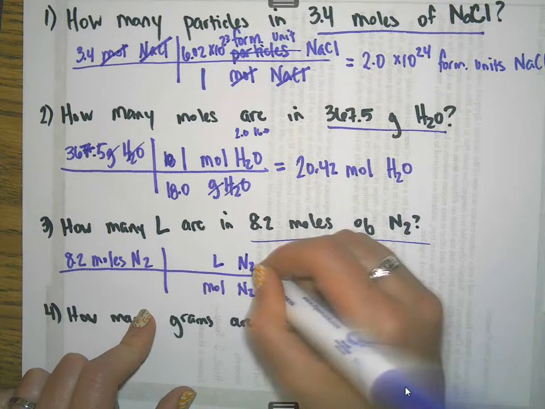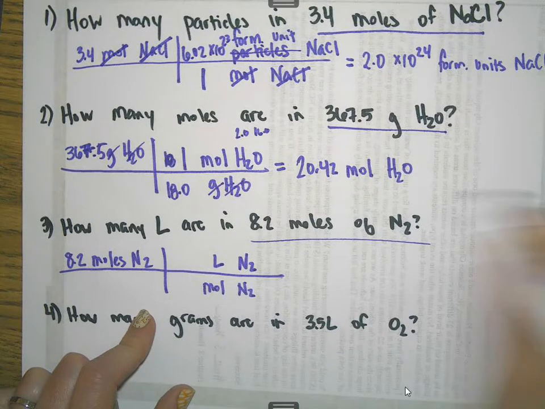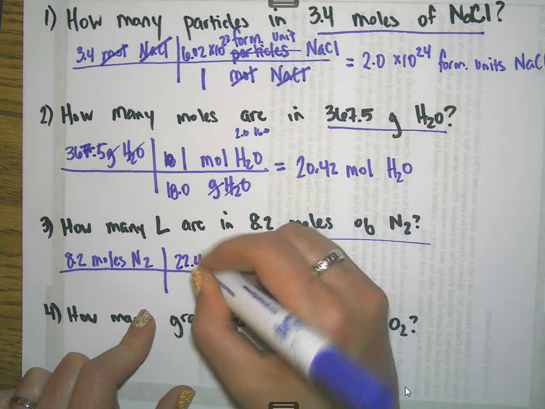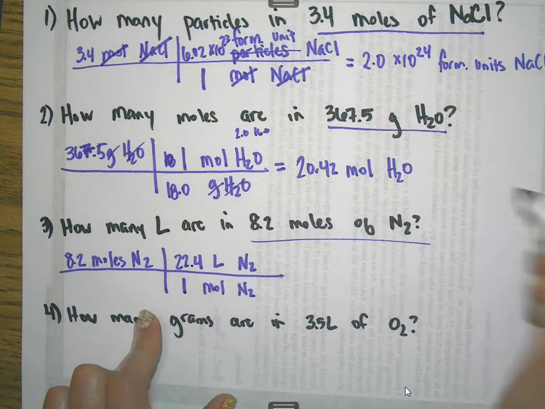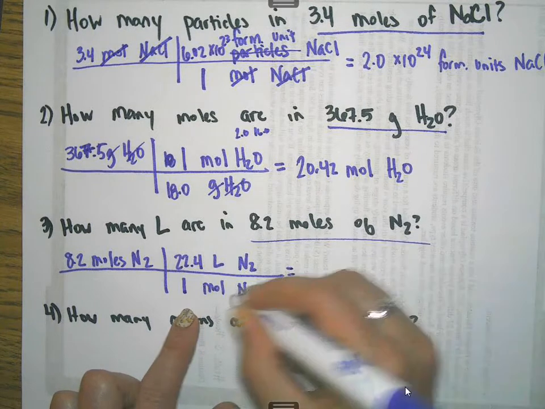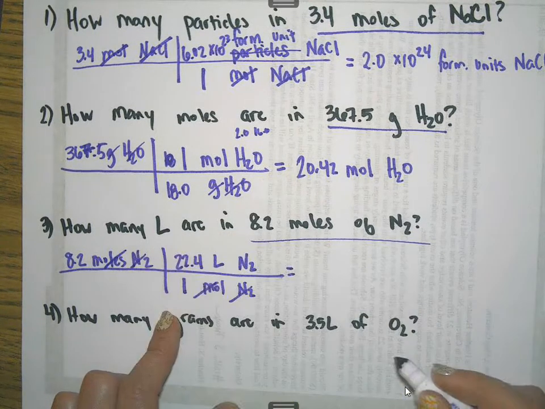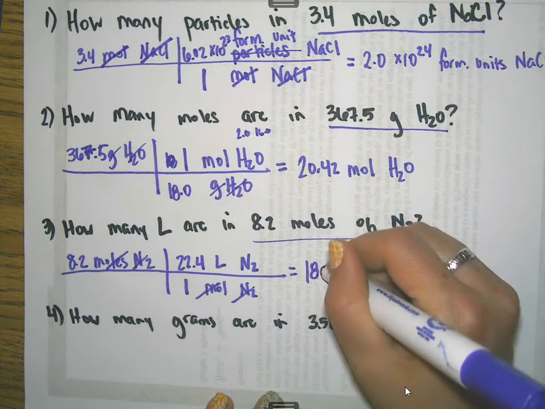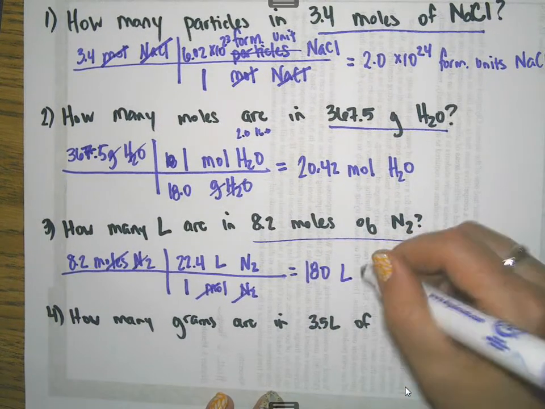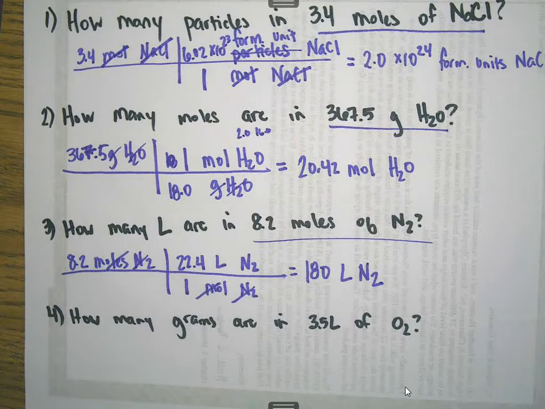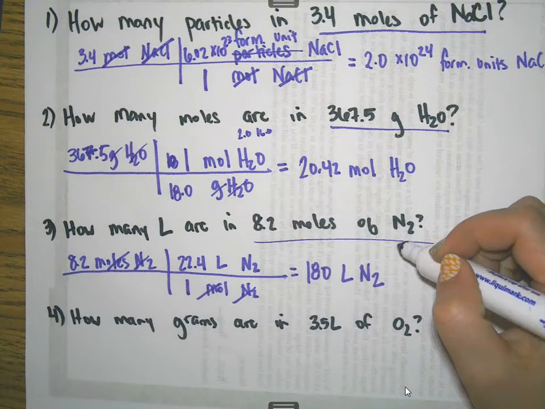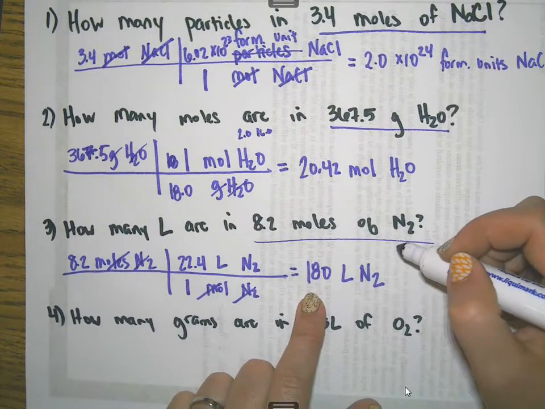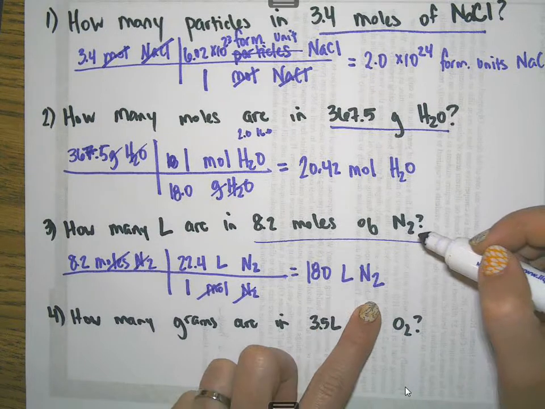Liters of N2 can go on the top. I know that there are 22.4 liters of any gas in 1 mole, and those cancel out, and that answers my question. I've got liters. If I do the math, my answer is 180 liters of N2.